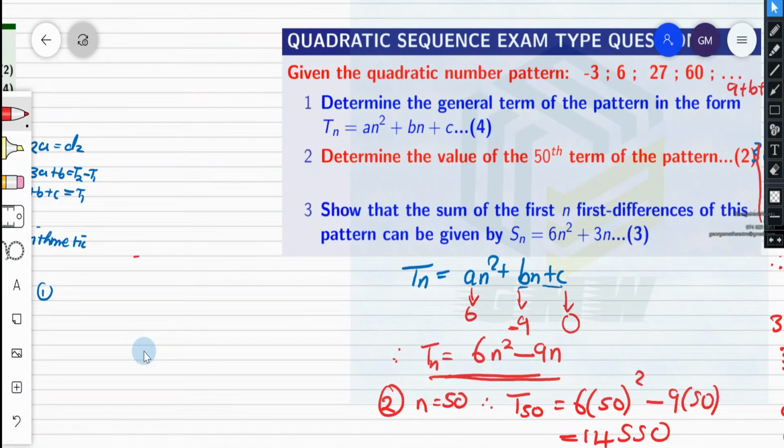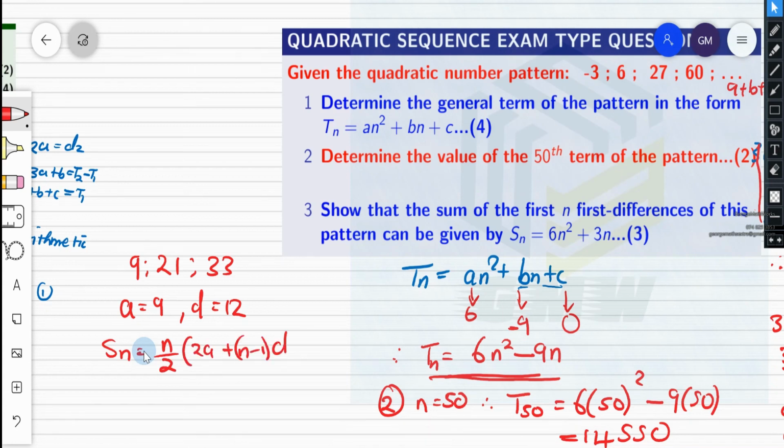I am now dealing with 9, 21 and 33. This is now my sequence. My a here is 9. My d is equal to 12. So the sum of n terms is given by n over 2, 2a plus n minus 1, then d outside. I can use square brackets here.